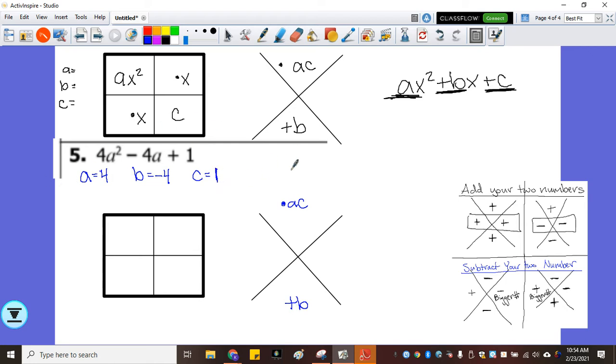So A times C is 4 times 1, which is just 4. But it multiplies to 4 and adds to B. B is -4.